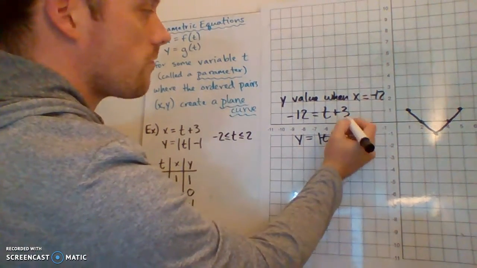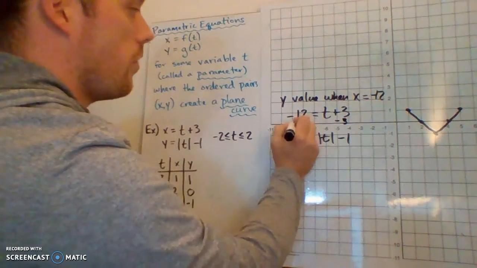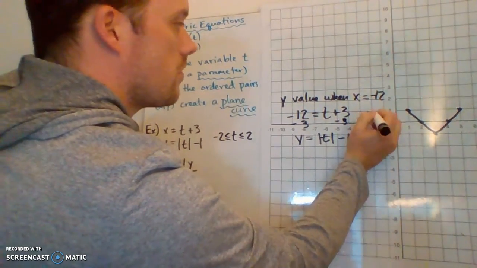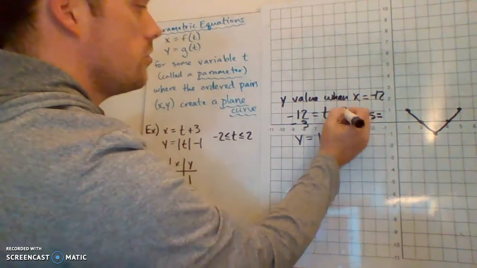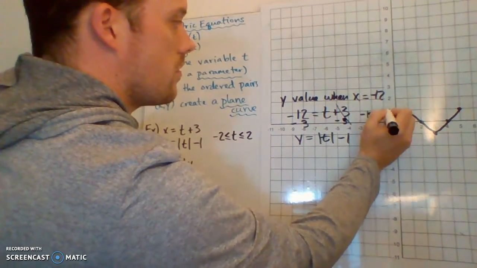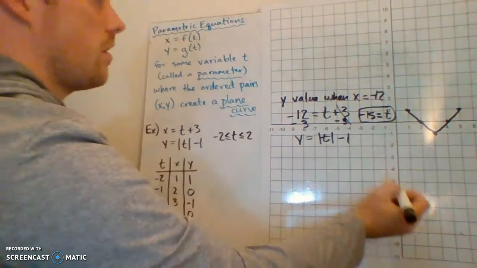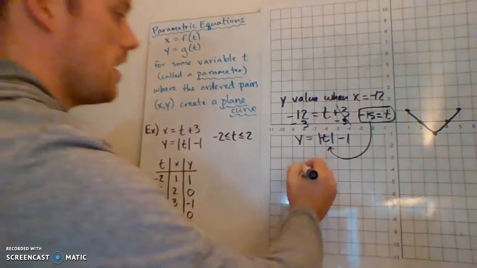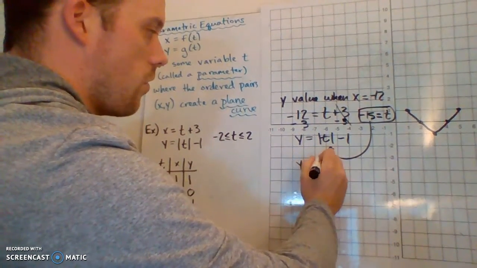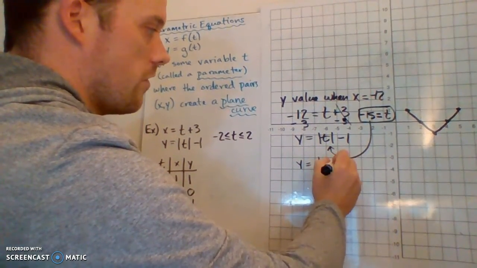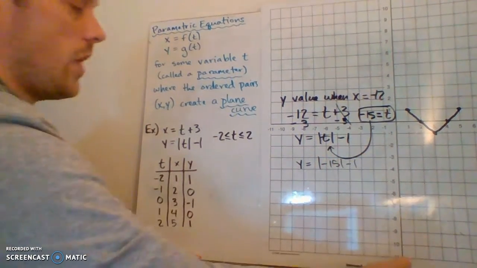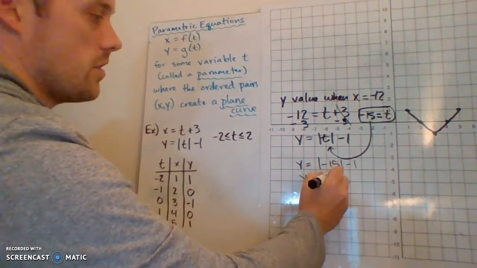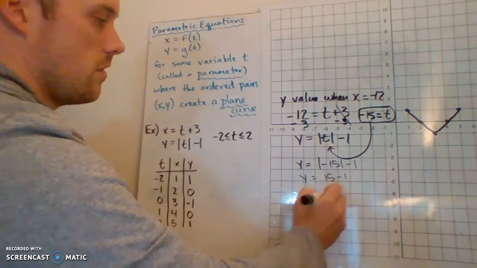So if I subtract 3 from both sides here, I'm going to get a negative 15 equal to t. Okay, so now I can substitute that in for t right here. So now I get y equals the absolute value of negative 15 minus 1. Absolute value of 15 is a positive 15.